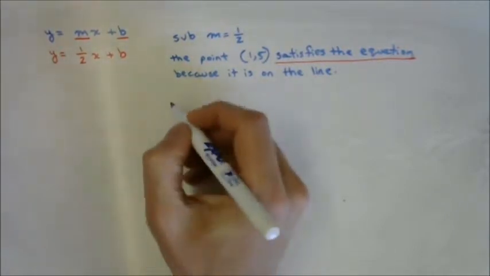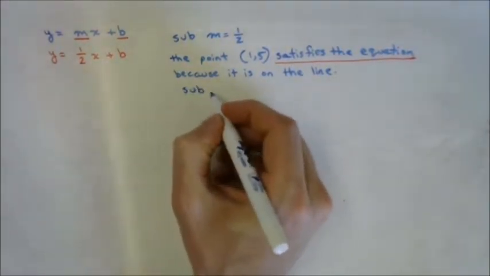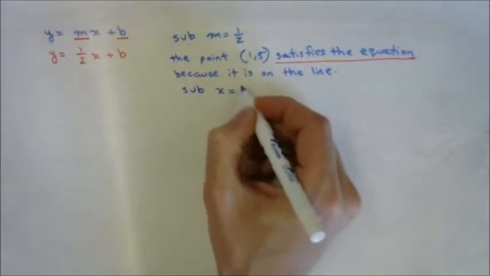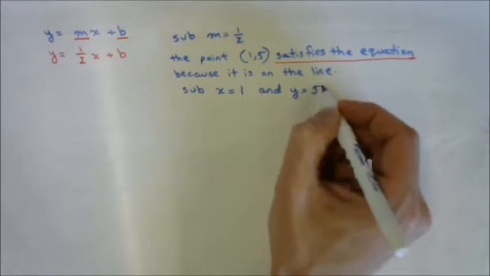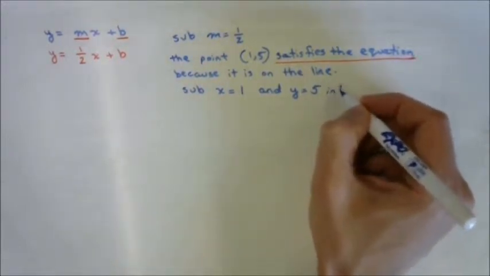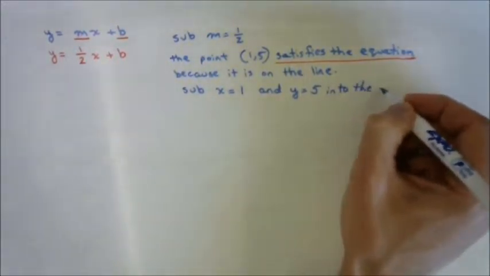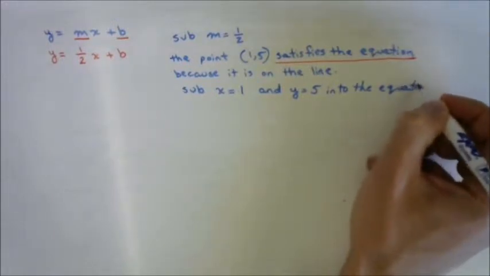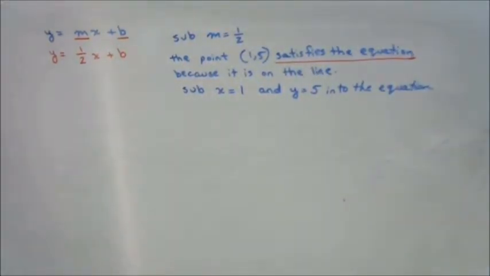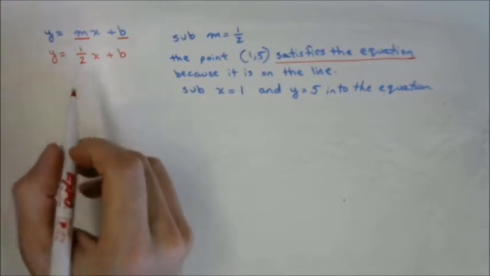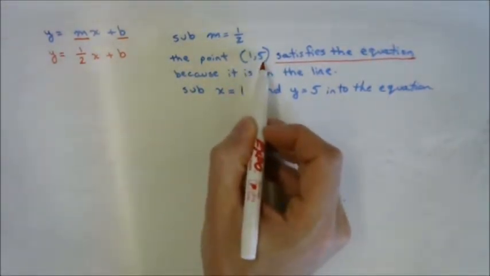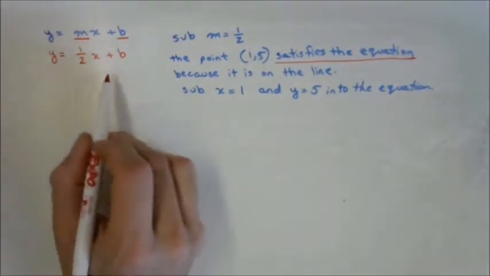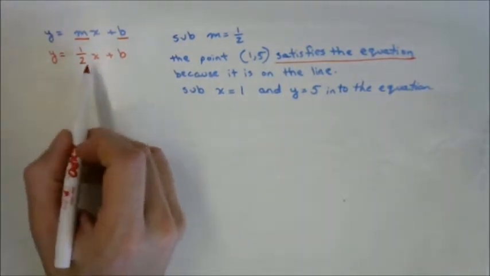So here's what I'm going to do. I'm going to sub x equals 1 and y equals 5 into the equation. So here we go. I know that when x is 1, y will be 5 on this line. Okay, so normally we leave y and x alone.